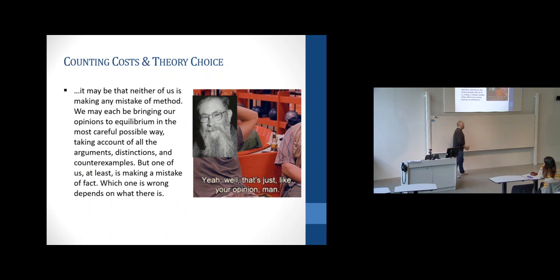It gives us an answer to the higher order question: how do you answer philosophical questions? Well, you take your theoretical opinions, weigh up the costs and benefits, and see which one you like best, what answer you like best.